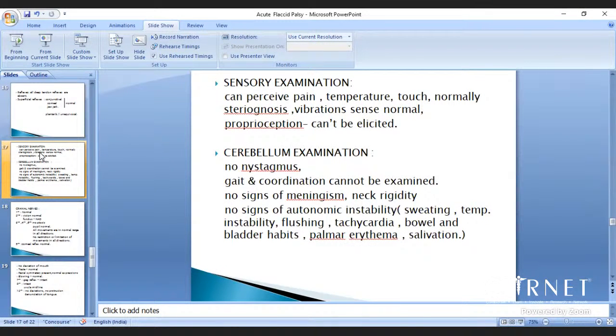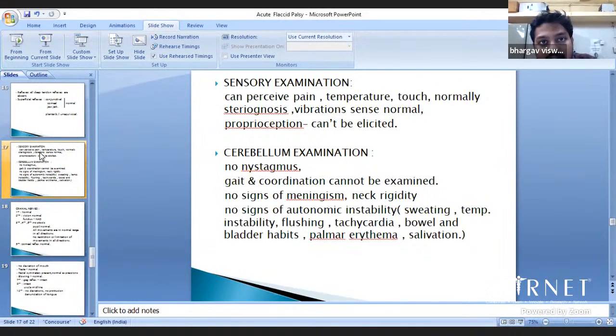The patient's sensations are normal; he can perceive pain, temperature, touch, and vibration, but proprioception cannot be elicited as he cannot move his limbs normally. There is no nystagmus, and gait and coordination cannot be examined. No signs of meningism, and no autonomic instability like sweating, temperature instability, flushing, tachycardia, palmar erythema, and salivation.